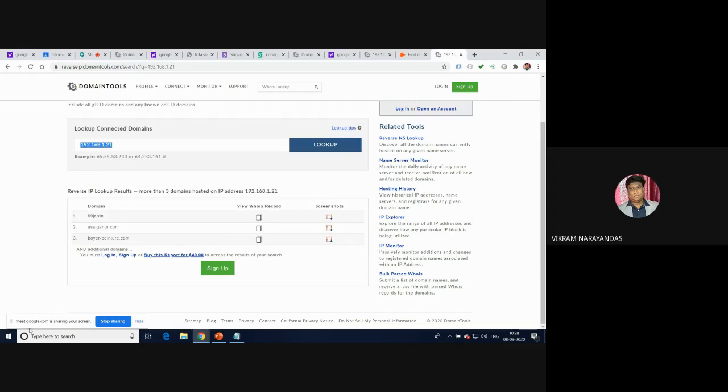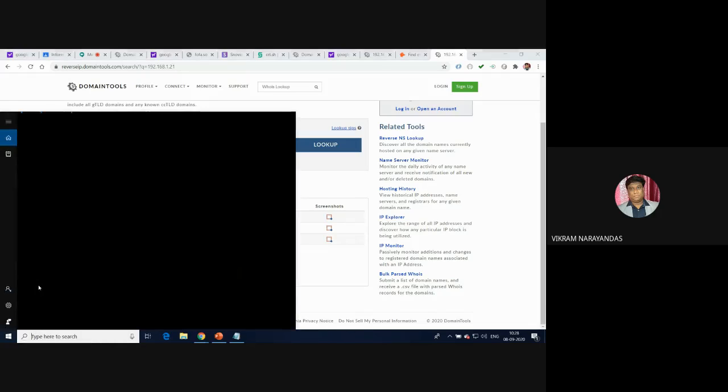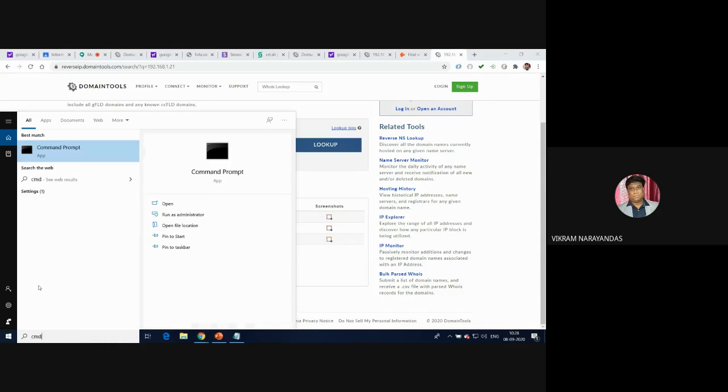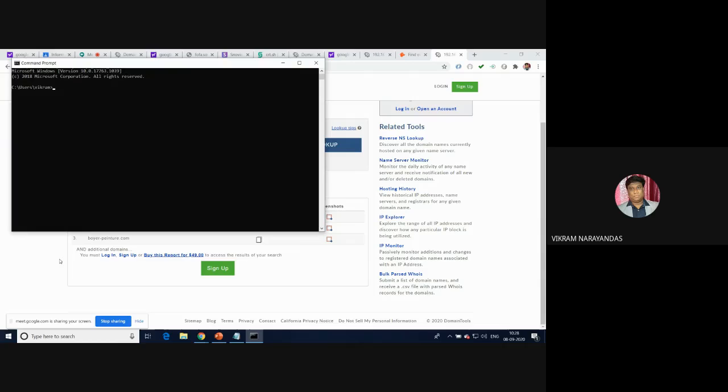Or you can go for the command prompt. Just type ping mvsrec.edu.in. So you can get the IP addresses here.